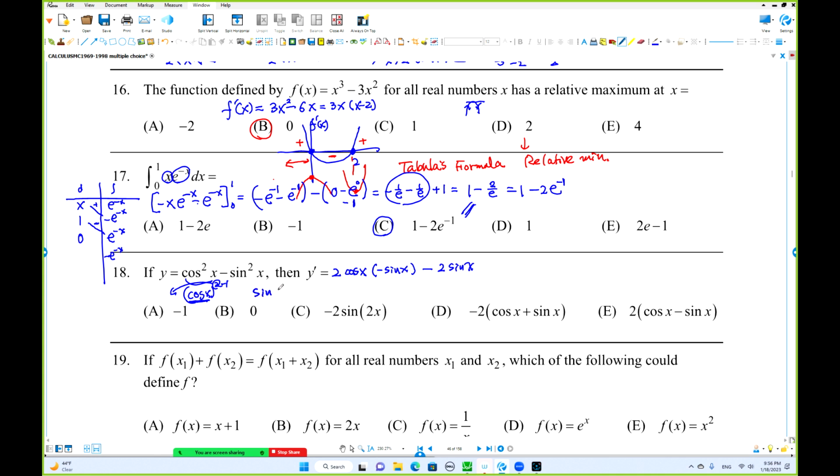I'm going to write sine x squared, that is better. The derivative is 2 sine x. After that, you multiply by the derivative inside. Sine x derivative is cosine x, right? That equals how much? Negative 2 sine x cosine x minus 2 sine x cosine x.